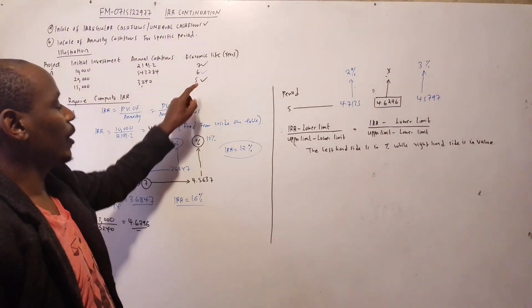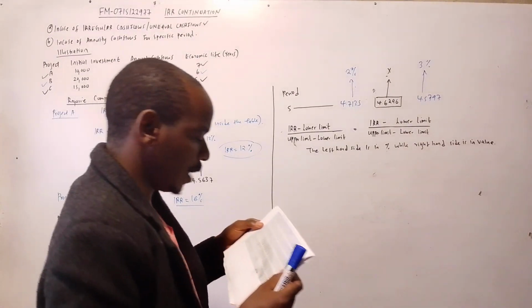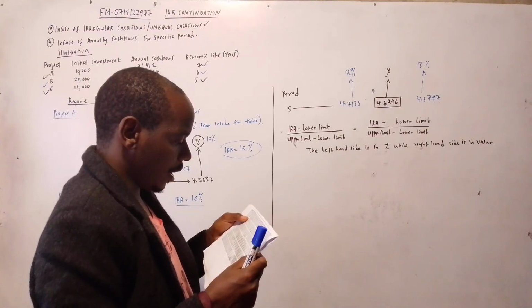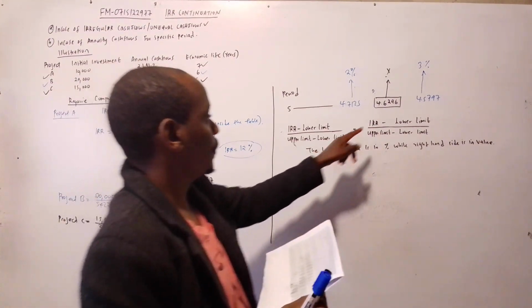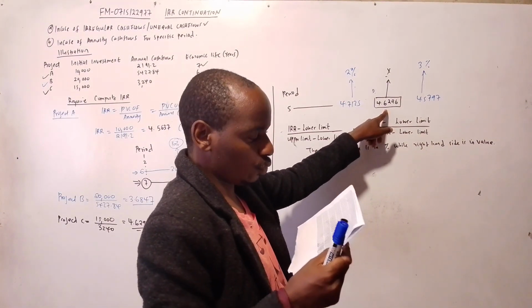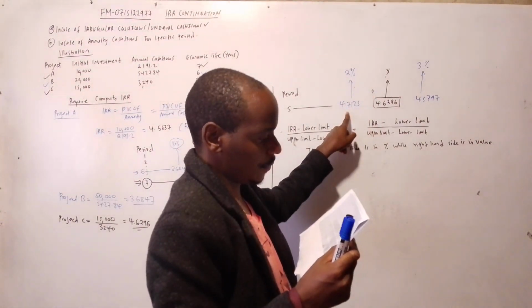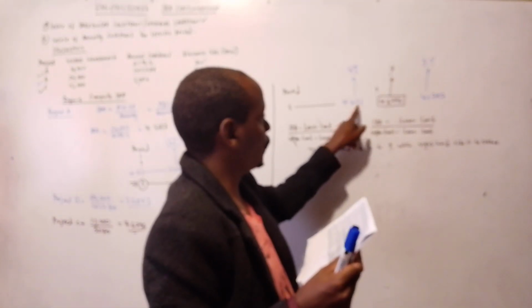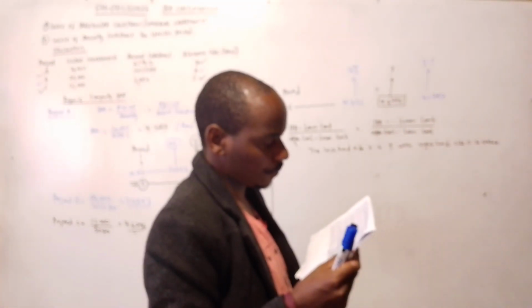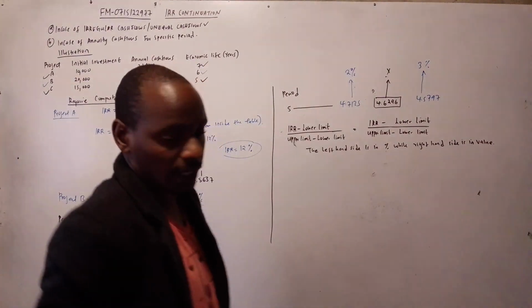So kwa year 5 annuity table, we don't have this figure, but it lies between two figures, the one for 3% and the one for 2%. For 2% is 4.7135, and the other one is 4.5797.